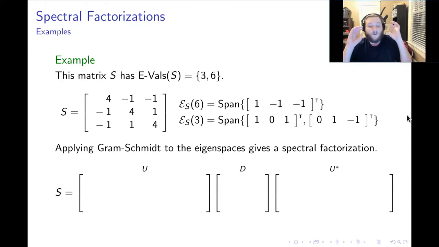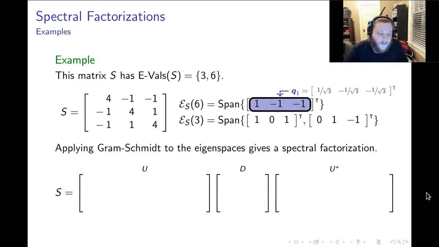So remember, when we get a spectral factorization, the spectral factorization will say that S is U times D times U conjugate transpose, where U is unitary and D is real diagonal. Well, let's start by looking at the first eigenspace here, where lambda equals 6. Here we only have a basis consisting of a single vector. And if you think about it, applying Gram-Schmidt to one vector is really just the same thing as normalizing that vector.